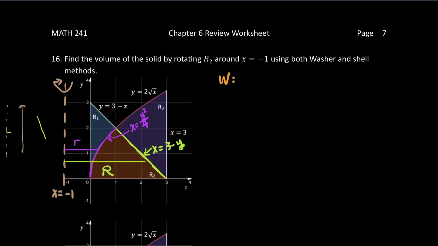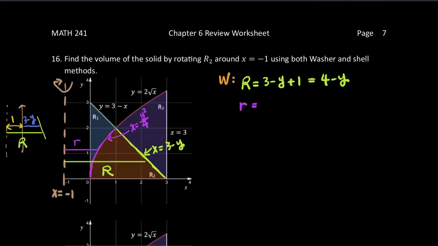Okay, so this is what we want. That's the big R. This distance is 1 unit. But this distance here is 3 minus y. Okay, so the big R is 3 minus y plus 1. That's 4 minus y.